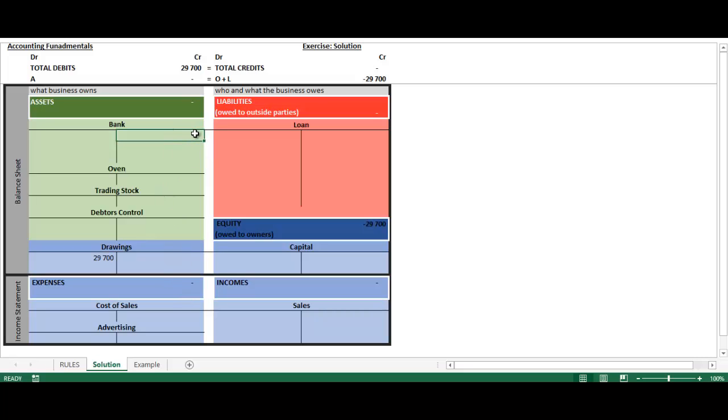And you need to put 29,700 on the credit side, and you'll see that my accounting equation balances. I lost 29,700, and my owner's interest also decreased. Remember, the owner took something out of the business, so the interest for him in the business has decreased by 29,700.